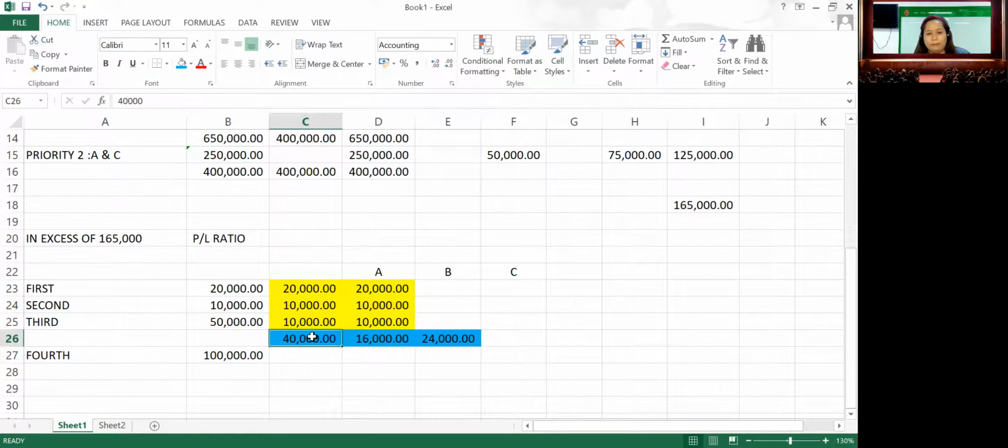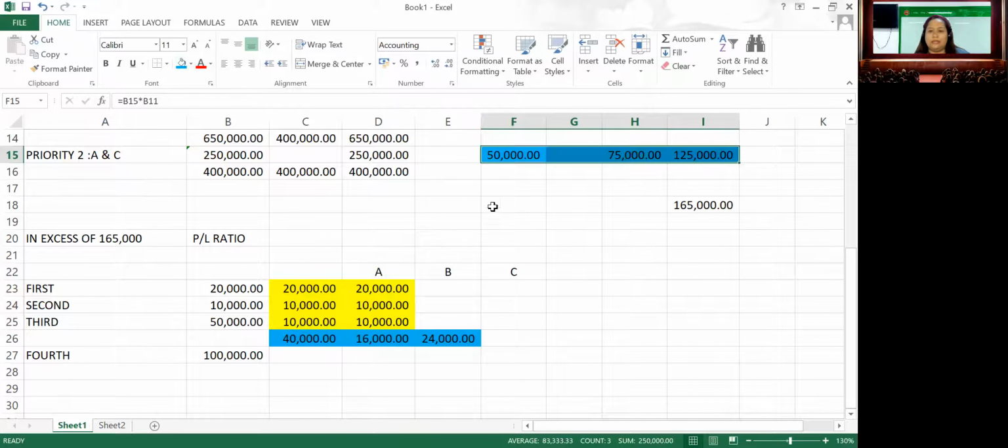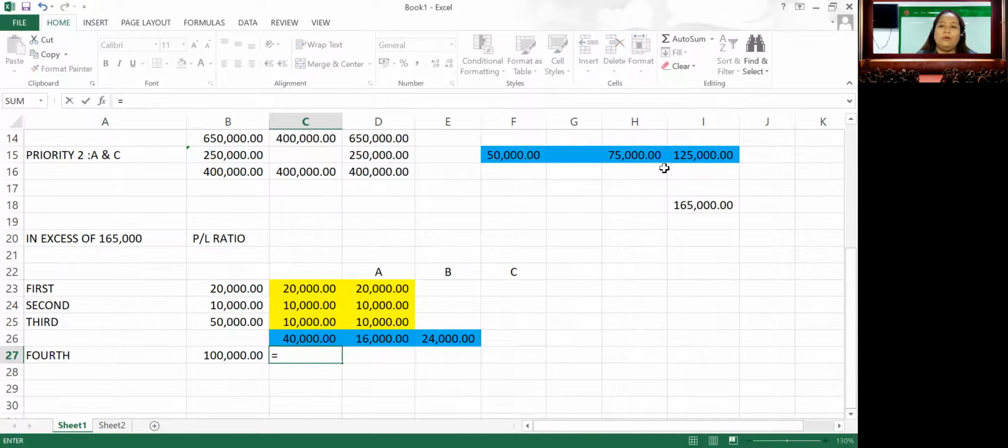Ang napapamigay pa lang natin, 40,000 pa lang. Okay? So, lagyan natin ng kulay para mas maintindihan. So, magkano pa yung kulang? 125,000 minus 40,000, we still have 85,000 na kulang. Eh, since meron naman tayong available na 100,000, kayang-kaya yan. Ibig sabihin, meron tayong enough na pera para ibigay yung second priority natin.